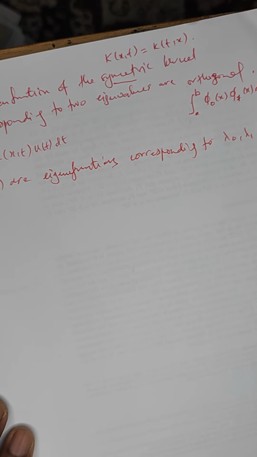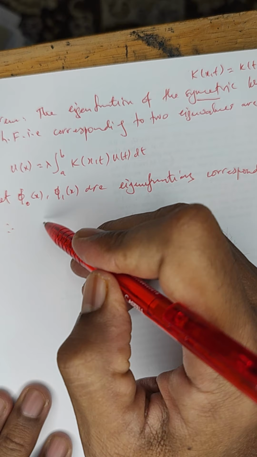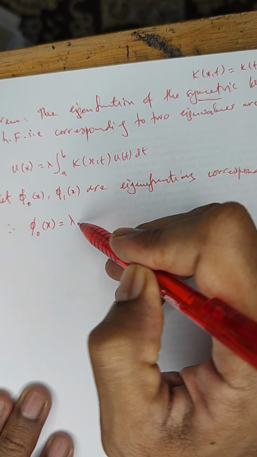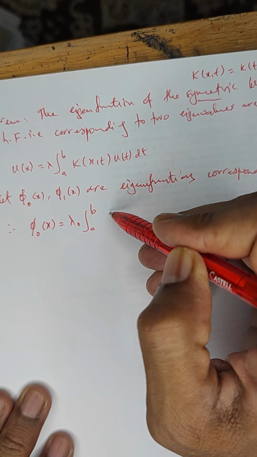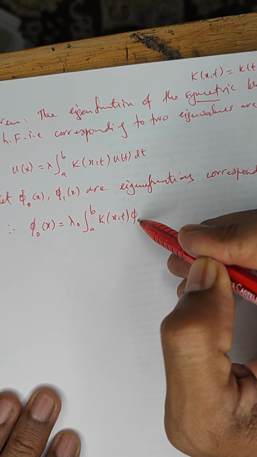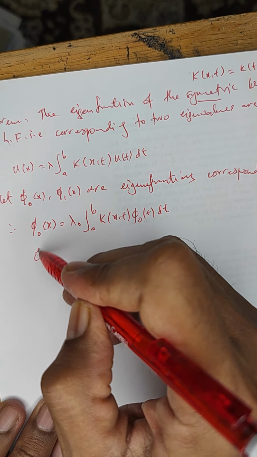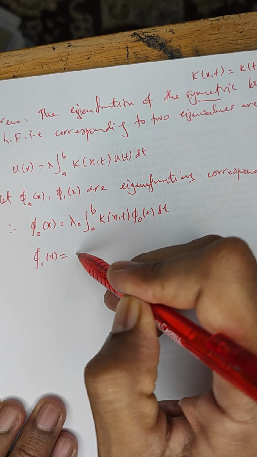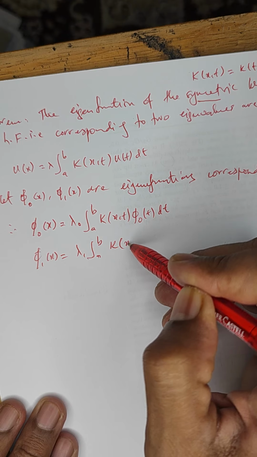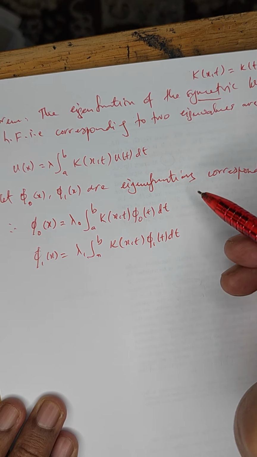So therefore we can write phi naught x is lambda naught integral a to b k(x,t) phi naught t dt, and phi1 x is lambda 1 integral a to b k(x,t) phi1 t dt.